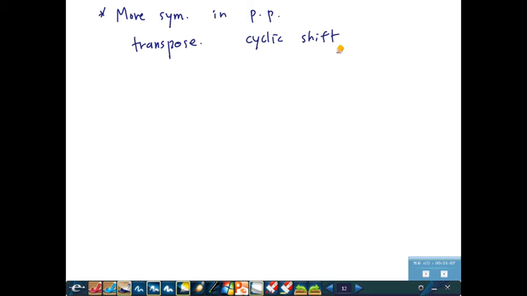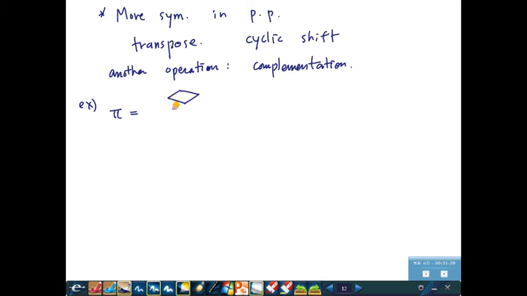If you look at just the box, the enclosing box together, there's another operation, complementation. So, for example, pi is this plane partition that I showed you earlier.